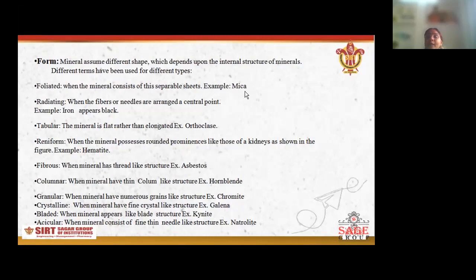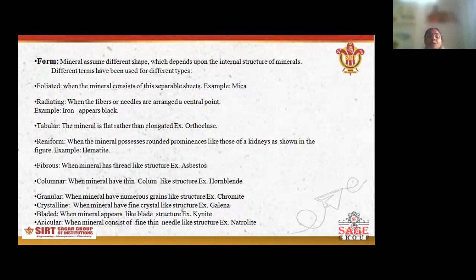Mica has two varieties. Black mica is biotite. White mica is muscovite. Both micas show a foliated form. The layers, or paper-like sheets, are separated from the main body of the mica.